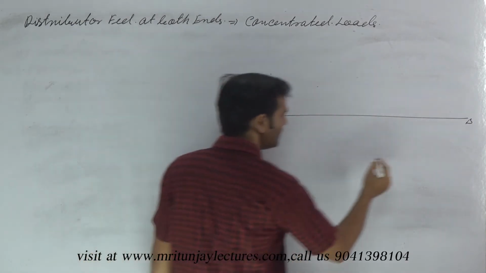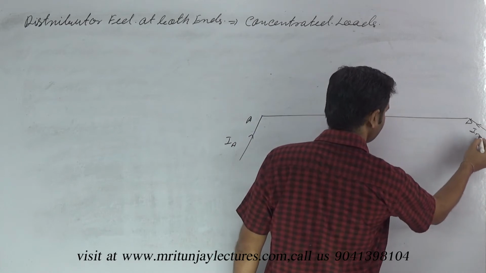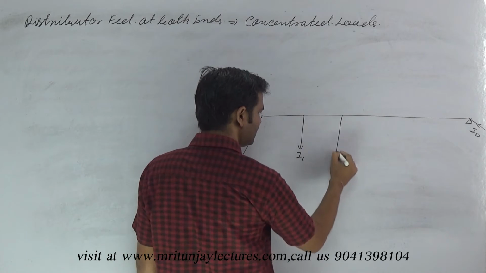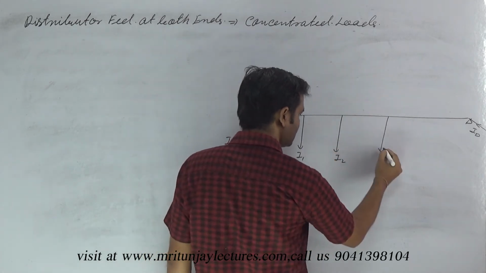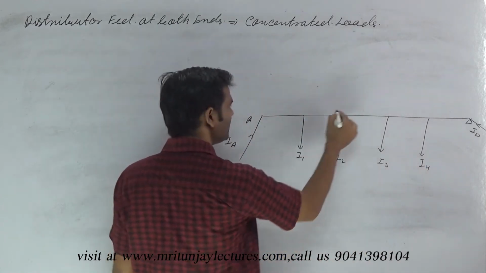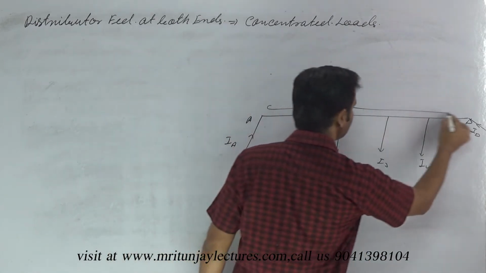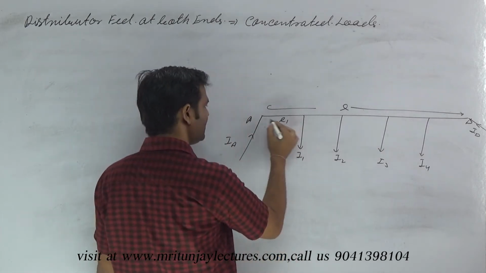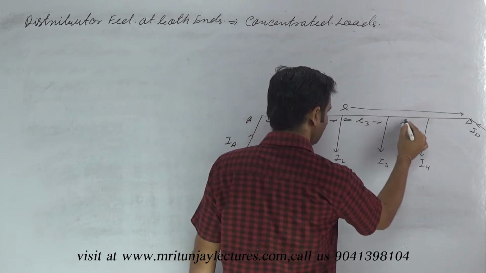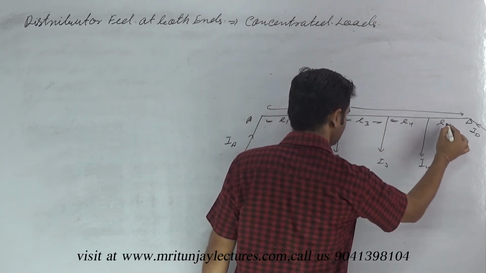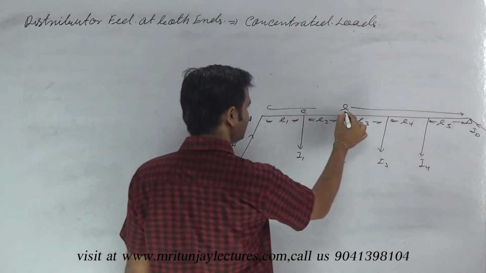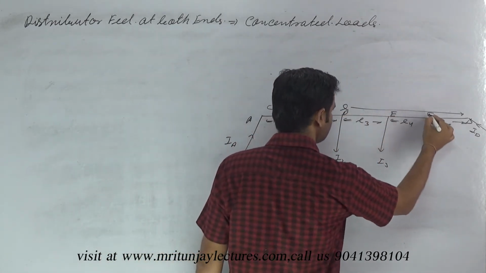Here IA, and here corresponding to IB, and this section has taps here, here, here, and here. The total length is L in meters, that is L1, L2, L3, L4, L5. And the points are C, D, E, and F.